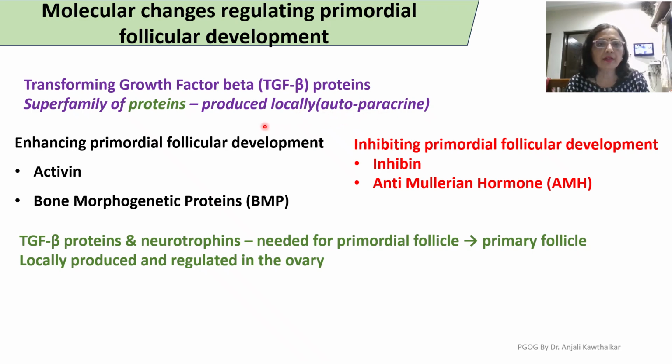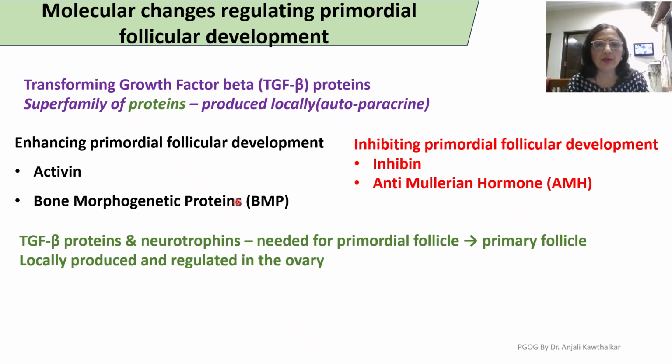There are certain TGF beta proteins which enhance primordial follicular development, and certain proteins which inhibit it. Those which enhance primordial follicular development are activin and bone morphogenetic protein, BMP, whereas inhibiting are inhibin and AMH, anti-Mullerian hormone.